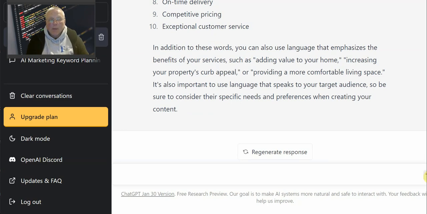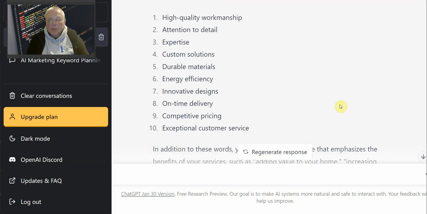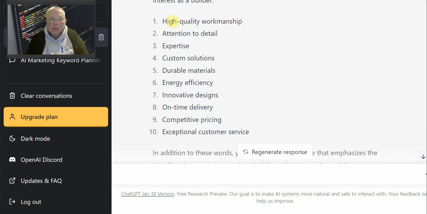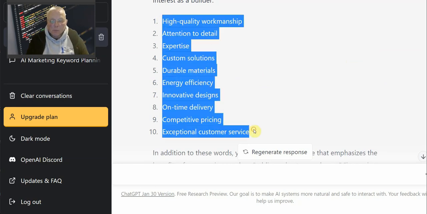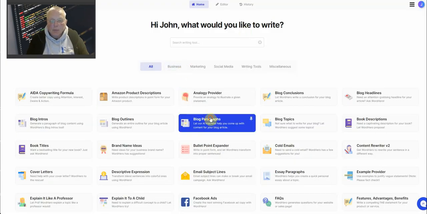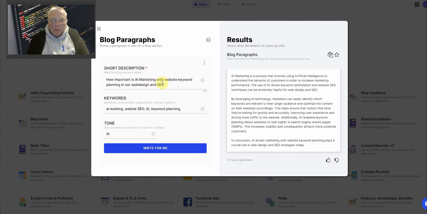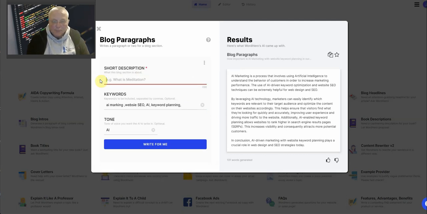Okay, now these phrases here are quite useful. So I'm going to put a paragraph together on those.